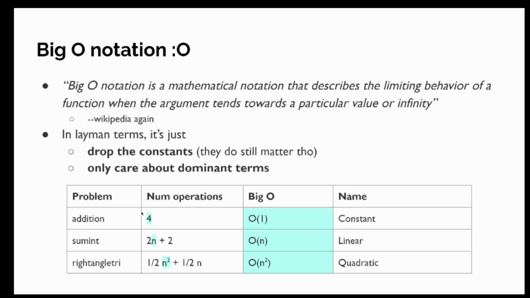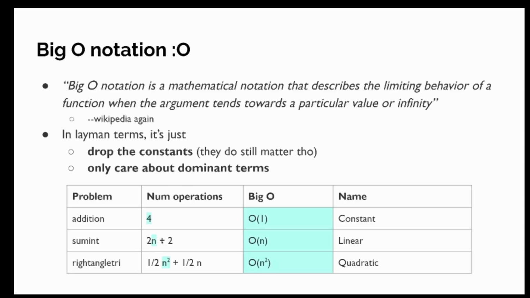We take the most dominant term, the one that would affect our computational complexity the most. Since the number is just 4, we take it to be a constant, and it's just as good as being O(1).